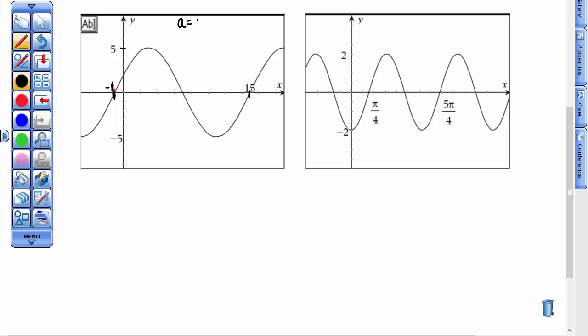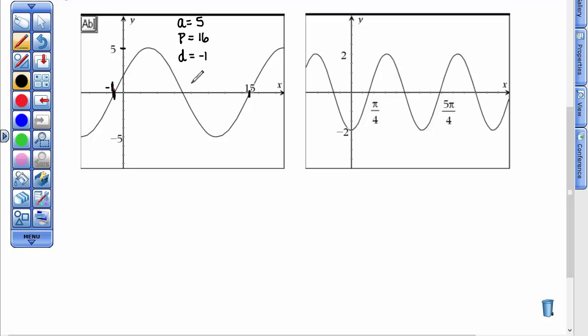So let's write here: the amplitude is 5, the period is 16, and the displacement is, let's start with the easy one, a sine curve. The displacement is -1 for this sine curve, and it's going to go up, etc. Because my displacement is negative, my c value is going to become positive.